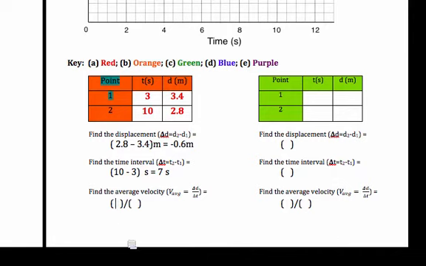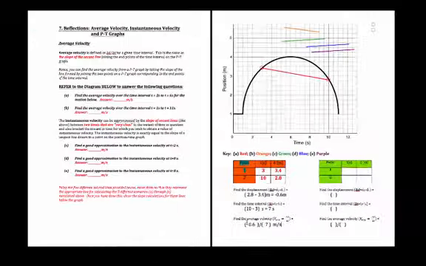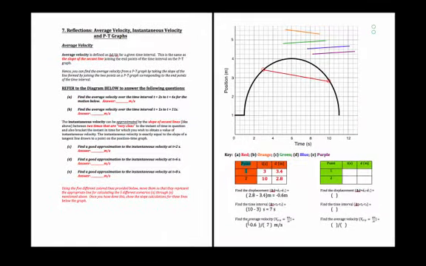To find the average velocity, I put the change in displacement over the elapsed time, which is minus 0.6 over 7, and the units are meters per second. Notice that the velocity that we'll achieve for the average here is actually negative, and that's reasonable when you look at the slope of the secant line.